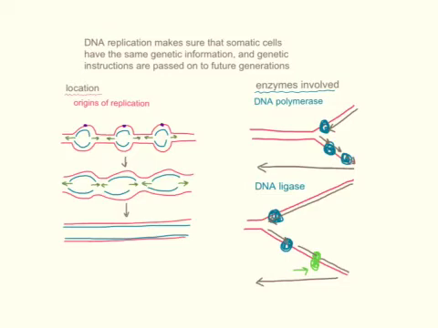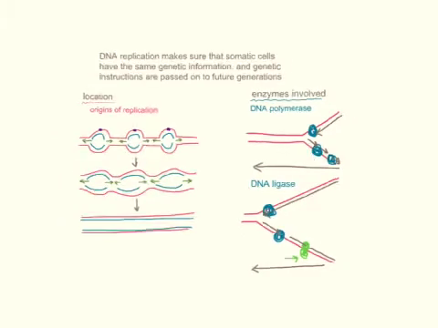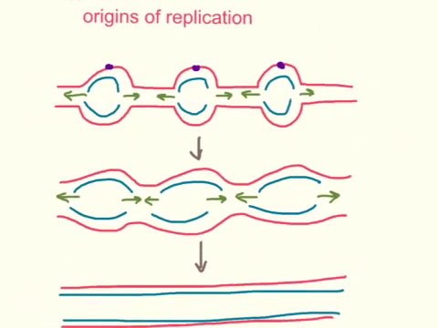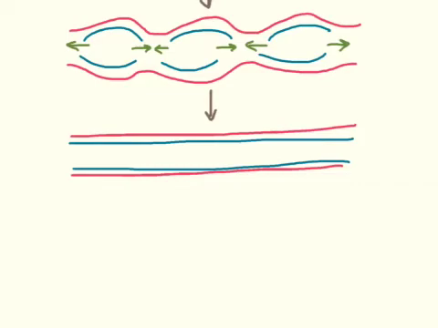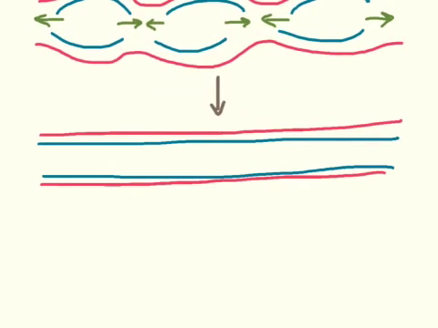So basically, the parent DNA strands, which are the pink ones, open as the daughter strands elongate on both sides of the bubble. So the process occurs in both directions, and at the very end, all of the bubbles merge, yielding two completed daughter DNA molecules, which are supposed to be each of these.